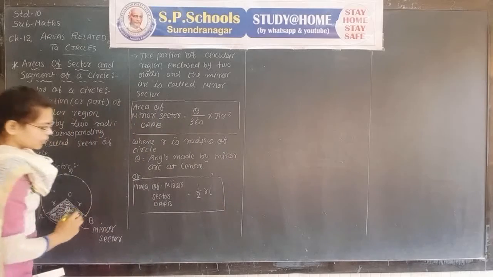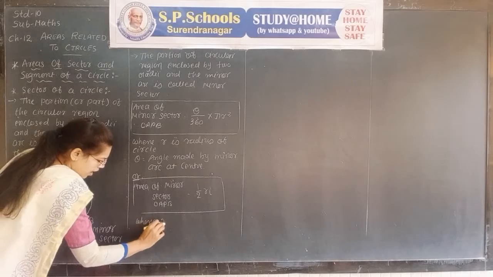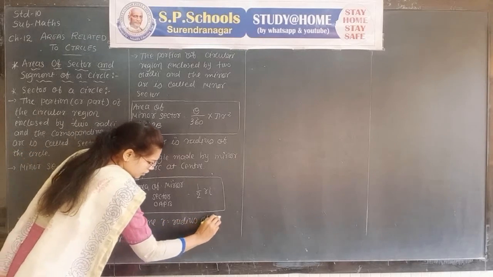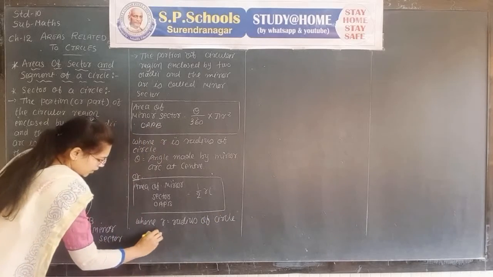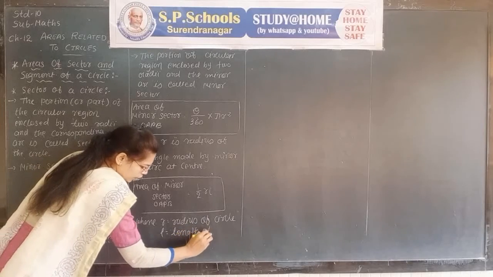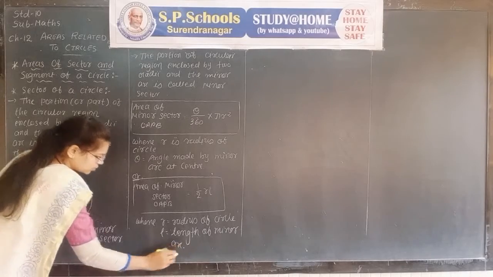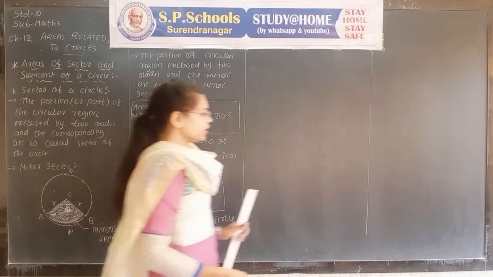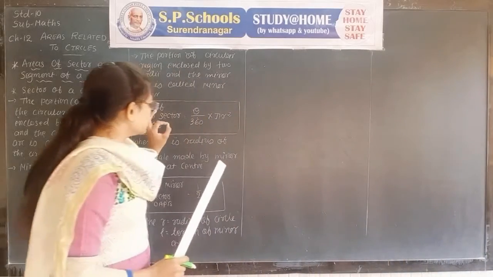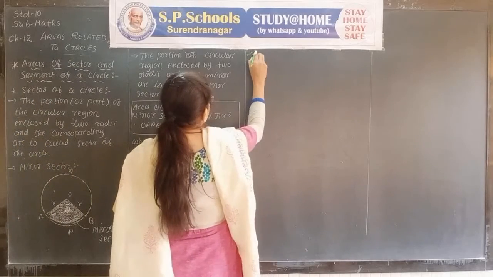It's also area of minor sector, where R is equals to radius of circle, L is equals to length of minor arc. Okay, there are two formulas, but most probably we need to use our first formula, theta upon 360 into pi r square.